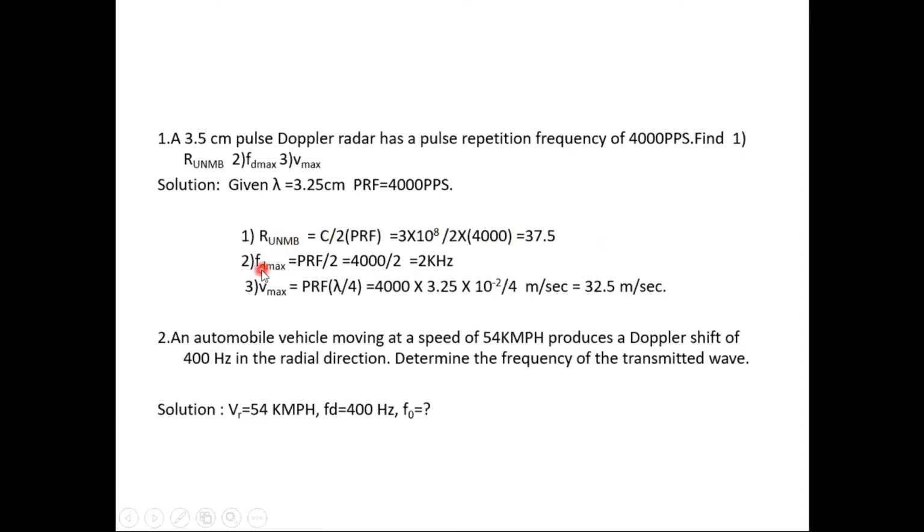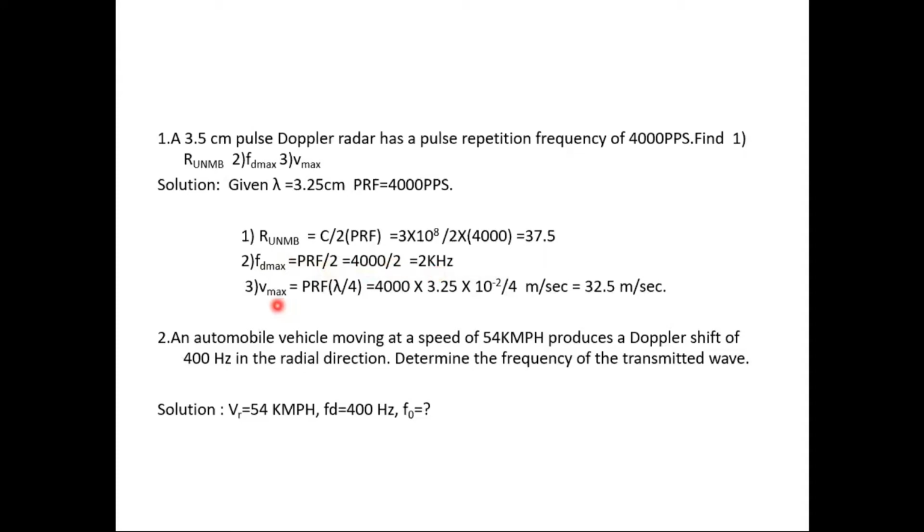Next, FD max: we calculate the Doppler frequency, the highest Doppler shift, which is equivalent to PRF divided by 2. The pulse repetition frequency value is 4000, so divided by 2, we get 2 kilohertz.